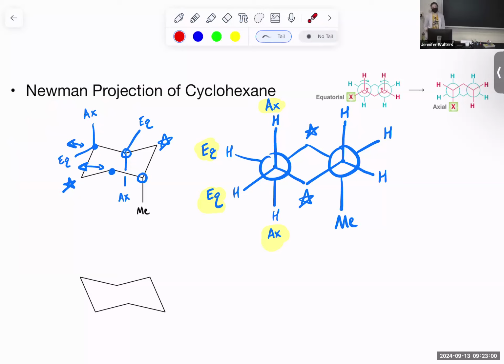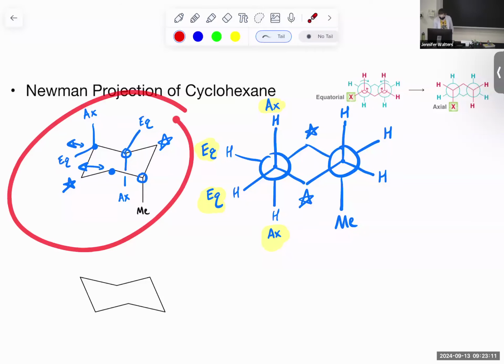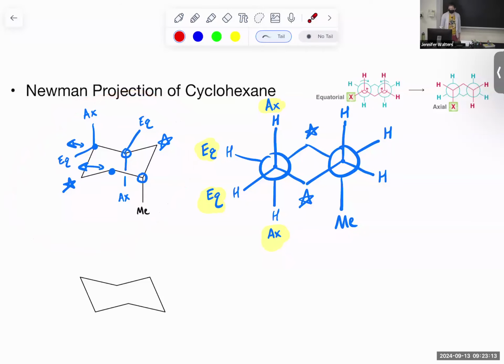All right, so when we go to do a chair flip, you can imagine it being a chair flip from the original chair, in which case, remember, farthest left stays farthest left, farthest right stays farthest right. So the right side comes down, the left side goes up. So those are those two carbons.